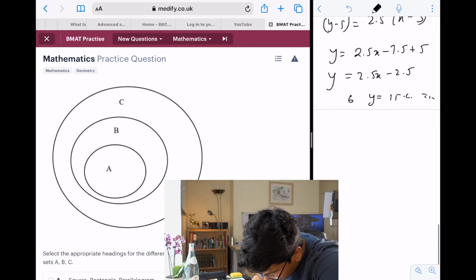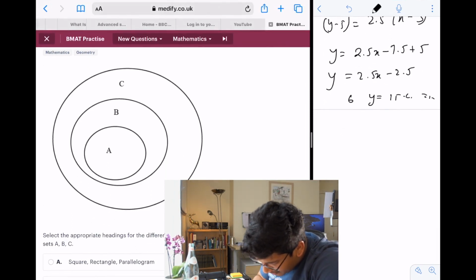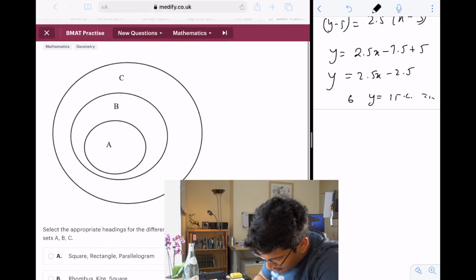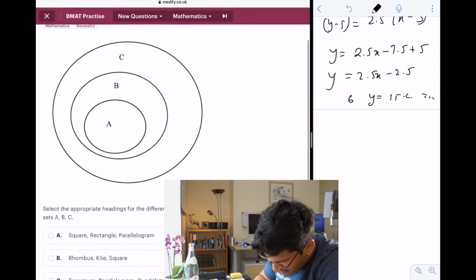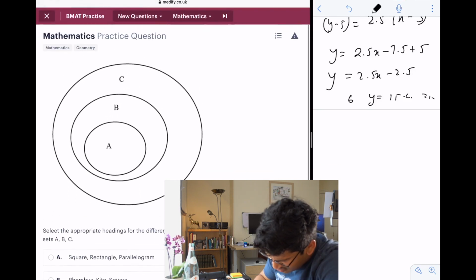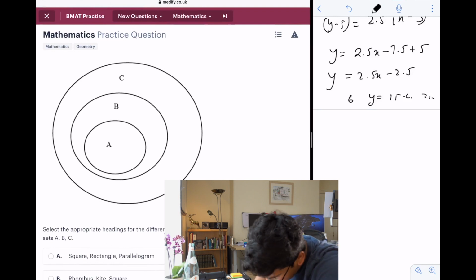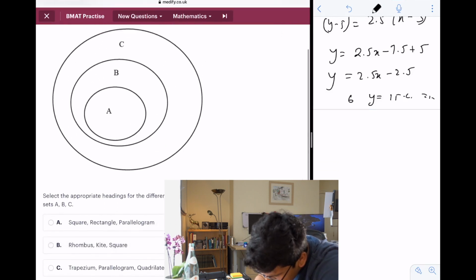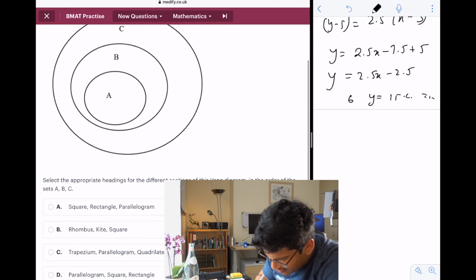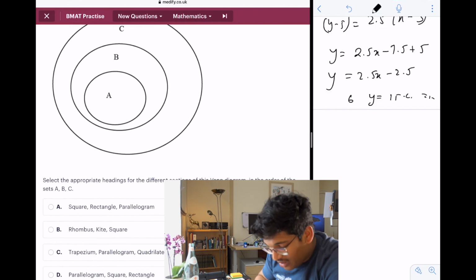Cool. Select the appropriate headings for the different sections of this Venn diagram, in order of A, B, and C. Okay, right. So a square is a type of rectangle technically.